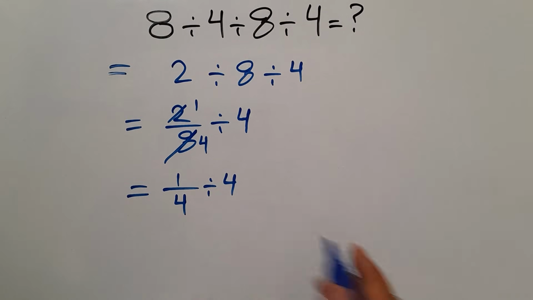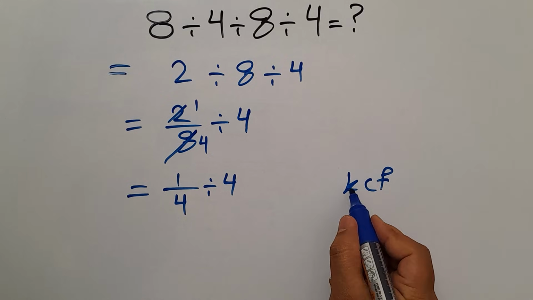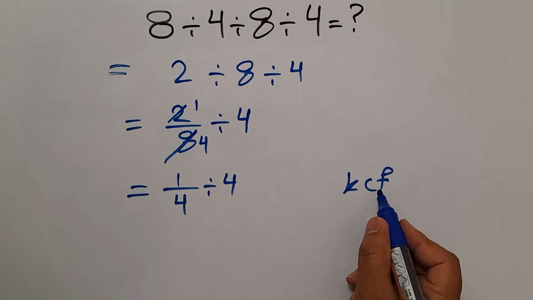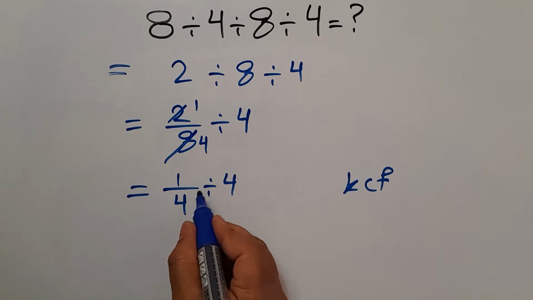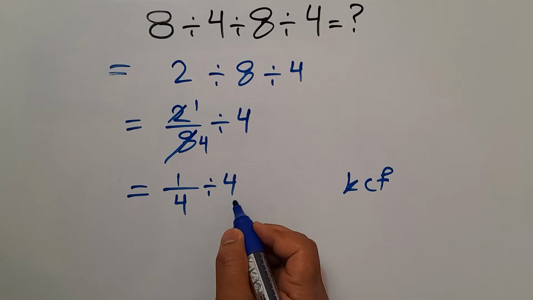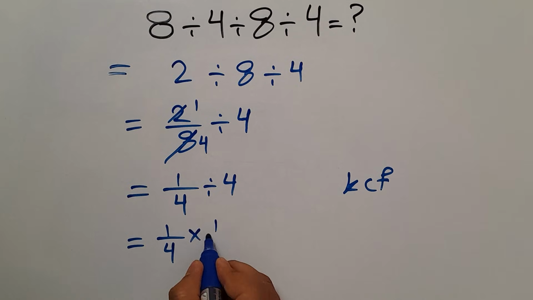Now, according to the KCF rule, K stands for keep, C stands for change, and F stands for flip. Keep the first fraction, change division to multiplication, and flip the second fraction. Okay, so we can write 1 over 4 times 1 over 4 again.